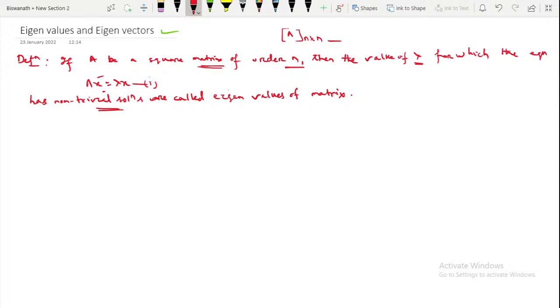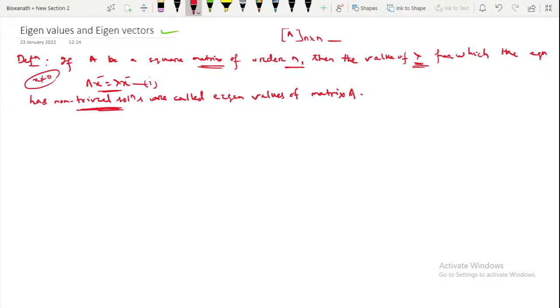Non-trivial solution means here the x should be non-zero, because for x equal to zero it will always satisfy, that is a trivial solution, but I am interested in non-trivial, that means those non-zero x for which Ax equal to lambda x, and these values of lambda are called eigenvalues of the matrix A.